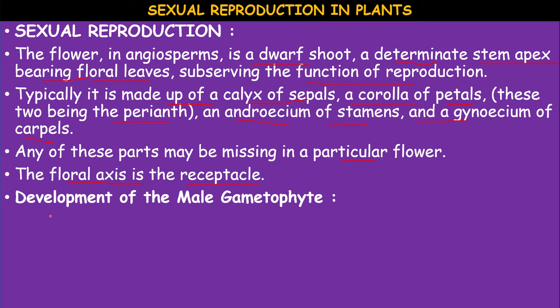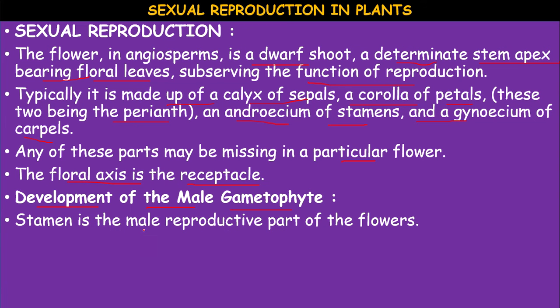Now, development of the male reproductive organ. A stamen is the male reproductive unit of an angiospermous flower. It consists of an anther and a filament. The anther is usually bilobed with each lobe having two thecae, or dithecous. Now let us discuss the development of the male gametophyte.